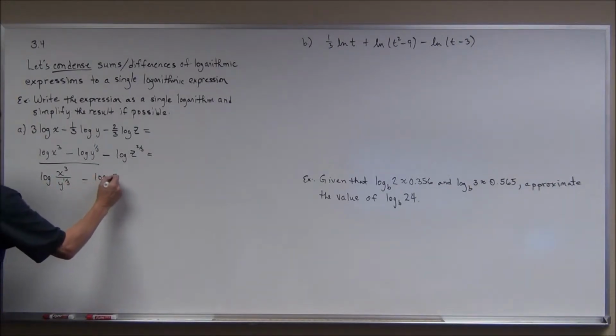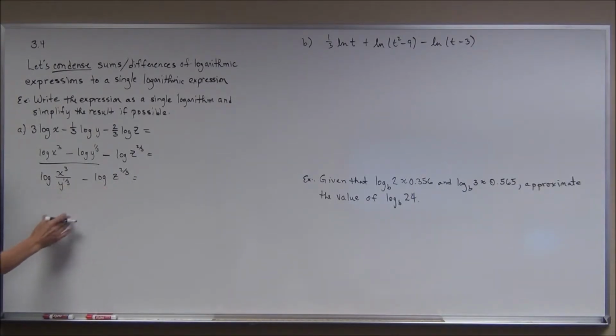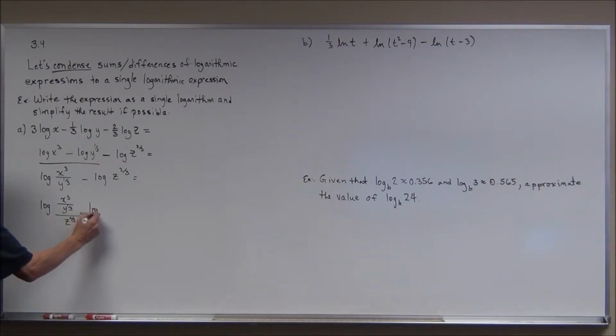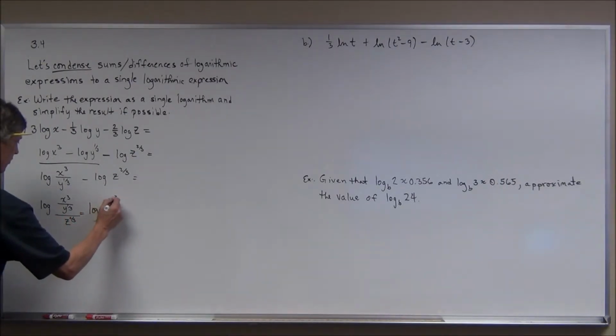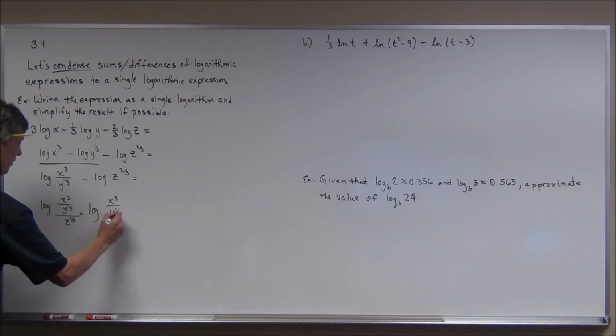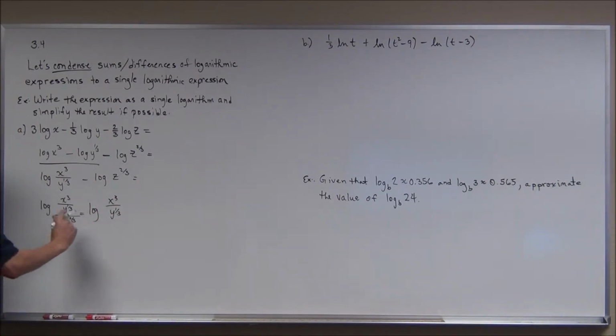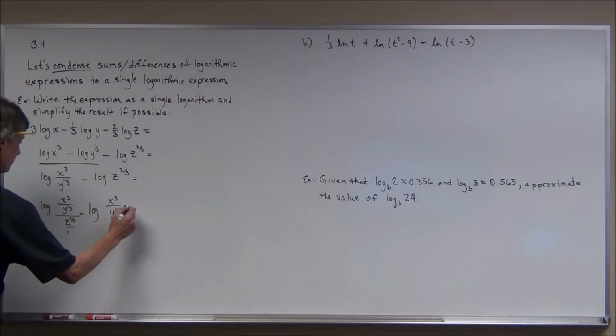And then I'm going to go one extra step and take this difference here and write this as a quotient. So this is the log of x to the third, y to the 1/3, divided by z to the 2/3. When you're dividing, you invert and multiply times 1 over z to the 2/3.